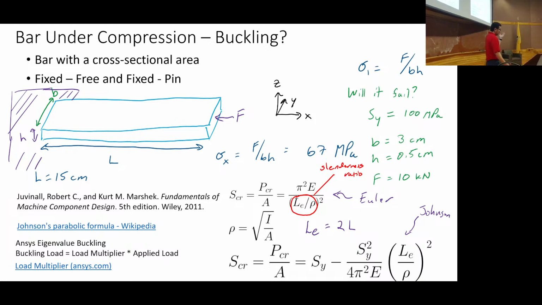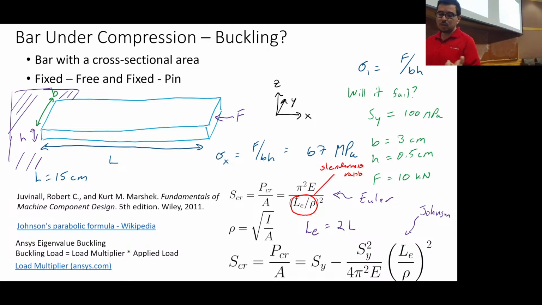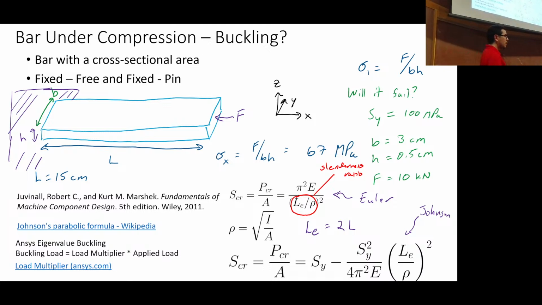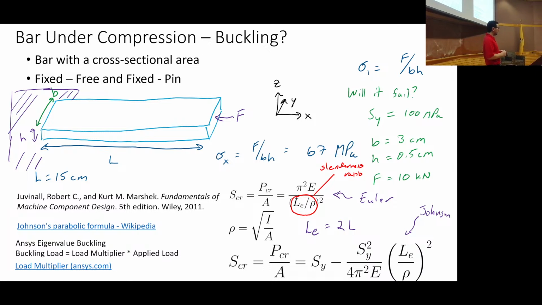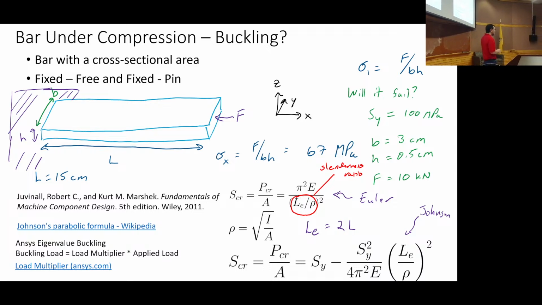And this rho term is what we call the radius of gyration, and that is equal to the square root of the second moment of area, I, over the cross-sectional area. Anyone remember the second moment of area for rectangular cross-sections? Yes, Rishi? Is it one over twelve b h cubed? Yeah.